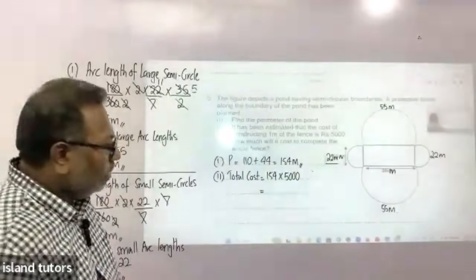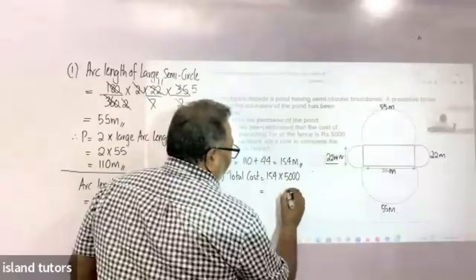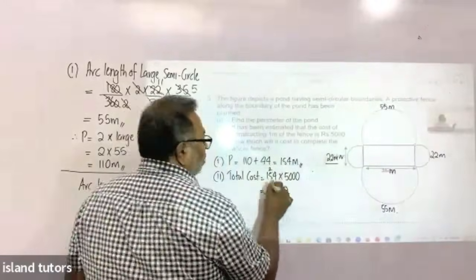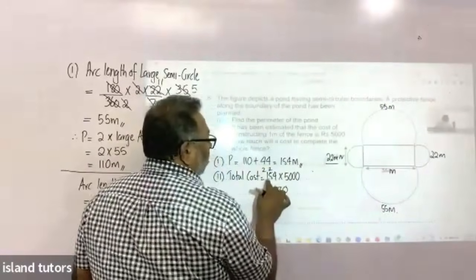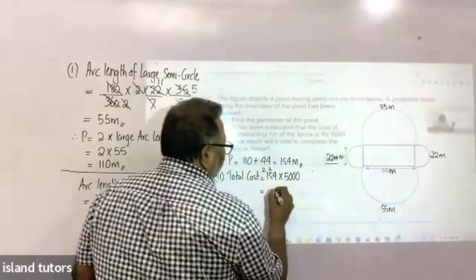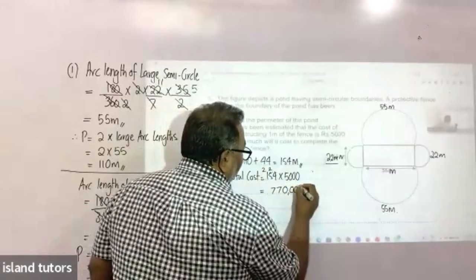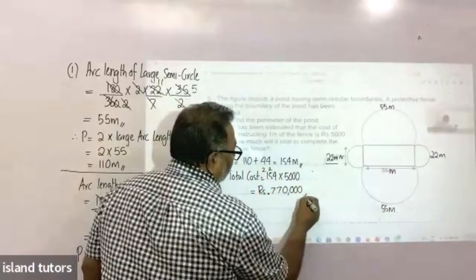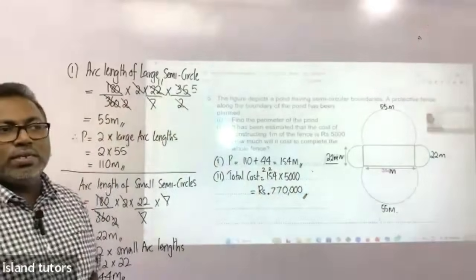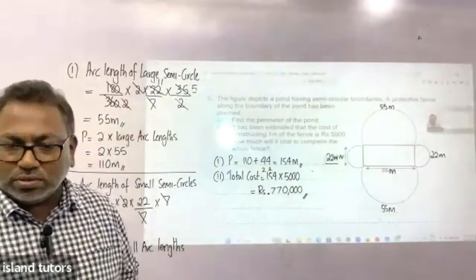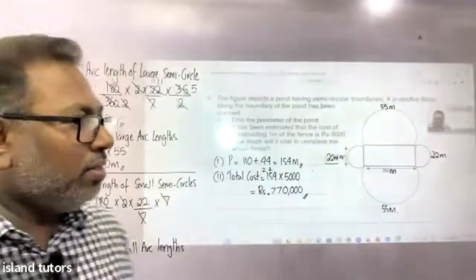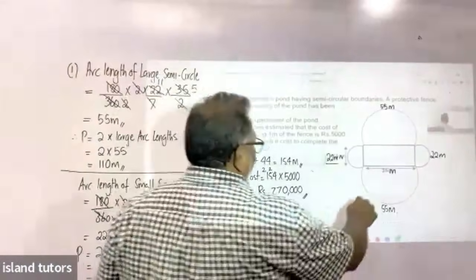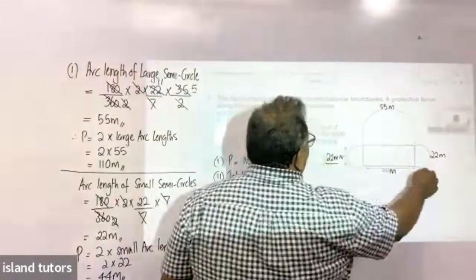How much is that? 4 into 5 is 20. 5 into 5 is 25 plus 2, 27. 1 into 5 is 5 plus 2 is 7. Total cost therefore is 770,000 rupees. 770,000 is going to cost you to build a fence right around the pond.